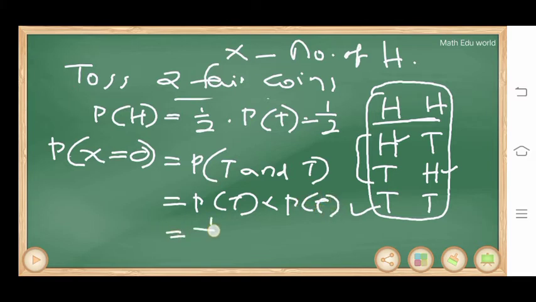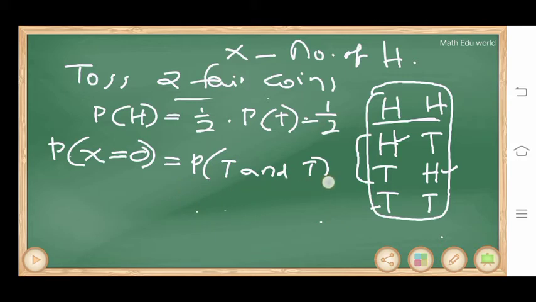That is 1 by 2 multiplied by 1 by 2, which is equal to 1 divided by 4, or 0.25. So probability of X equal to 0 is 0.25.